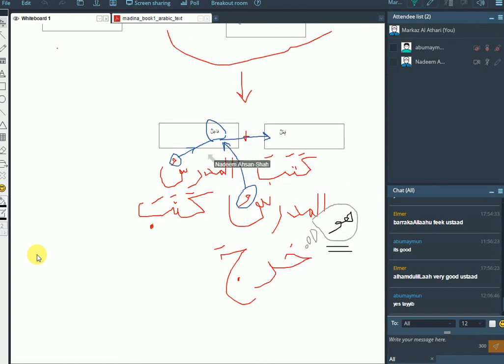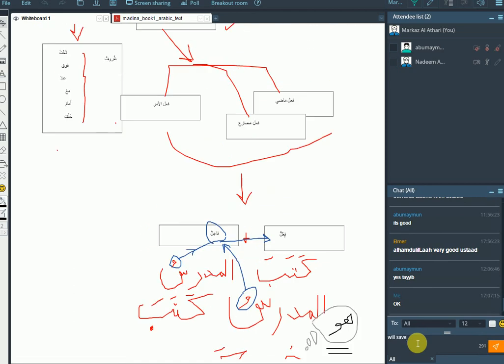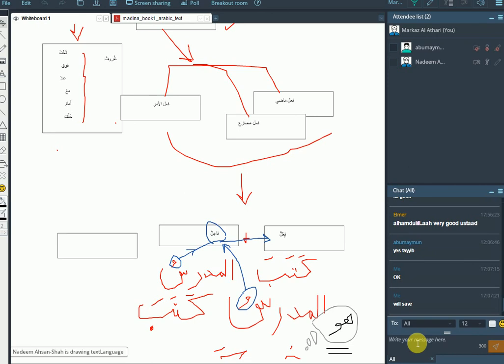And then we will be able to add something which is known as maf'ulun bihi, which is the addition, which goes over here.